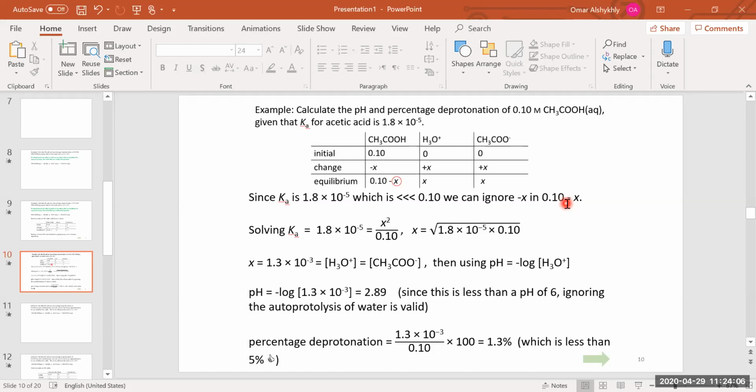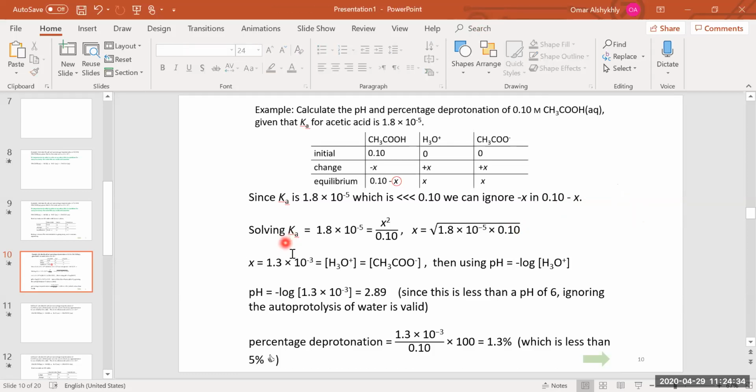Or sometimes we have questions where we can calculate x mathematically easily. But as I said, here we do the approximation, or we can use the quadratic equation if we keep the x. And be careful, you ignore the x only in the reactant.